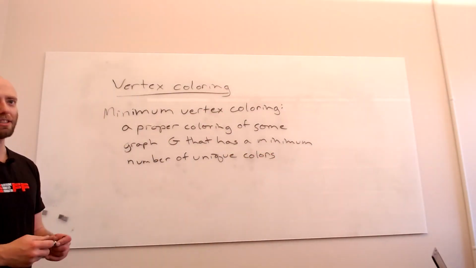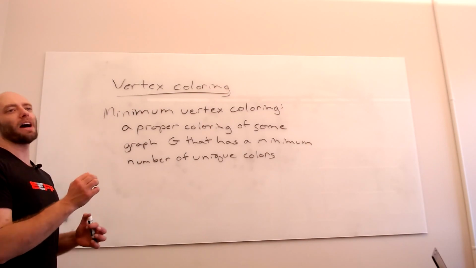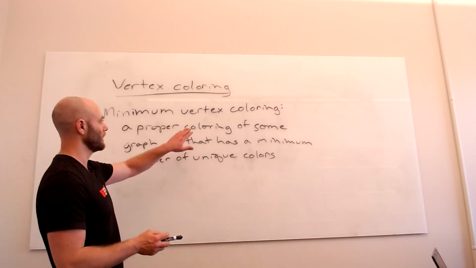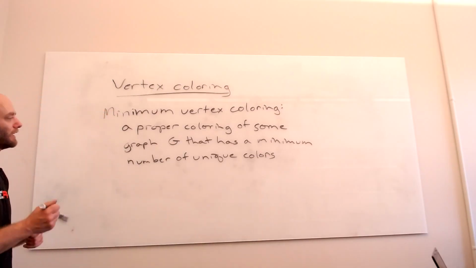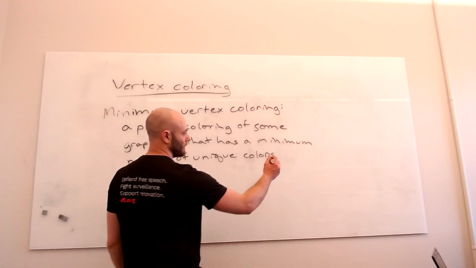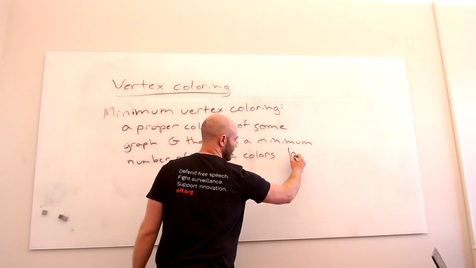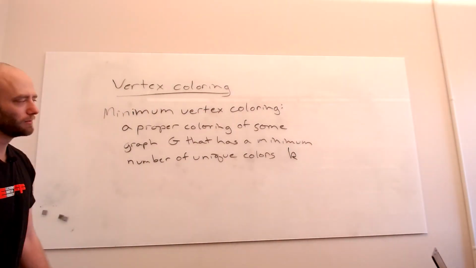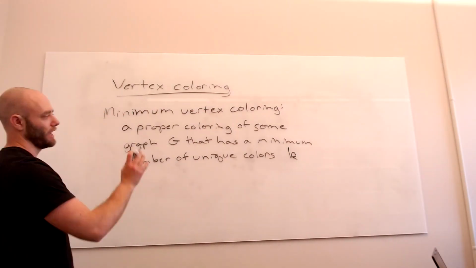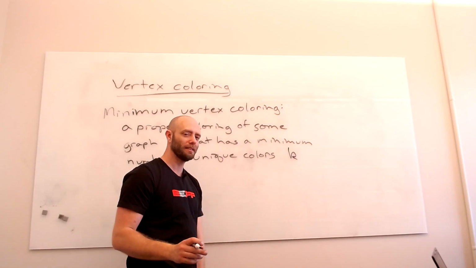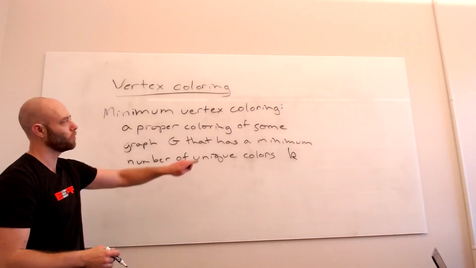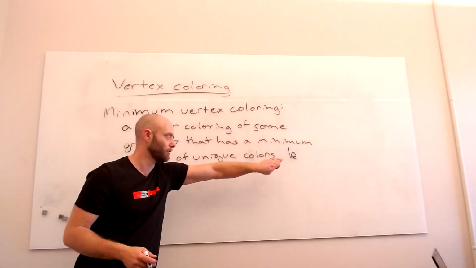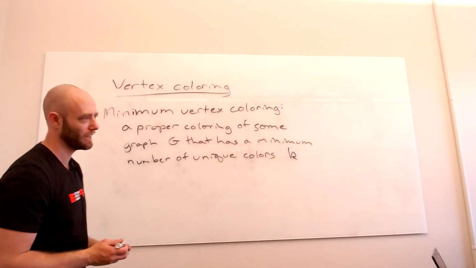So the minimum vertex coloring problem is essentially identifying such a possible coloring for our graph G. Generally speaking, let's say the minimum number of unique colors, which we'll define as K. We're trying to both identify what this K is, as well as actually determine the specific coloring that will give us that K.